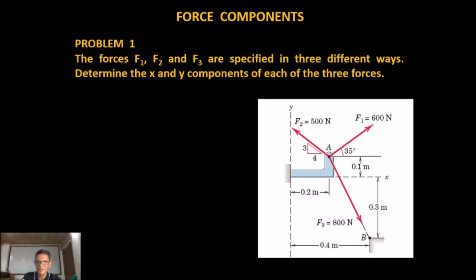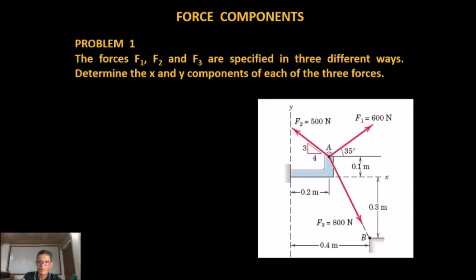F1 is given by its direction angle of 35 degrees and is equal to 600 newtons. Then F2 is 500 newtons at a slope of 3:4, so that is a 3-4-5 triangle. Then F3 is 800 newtons and expressed in its coordinates of A and B.